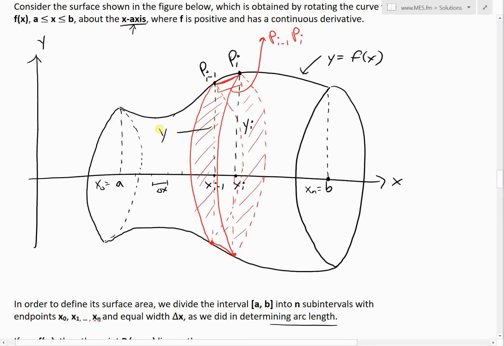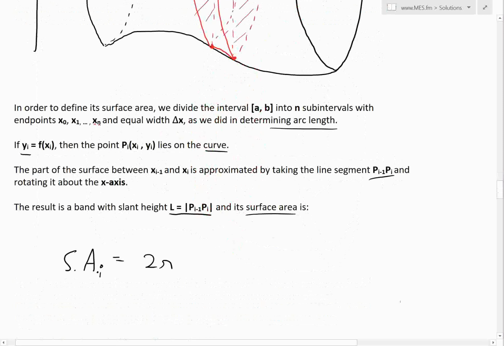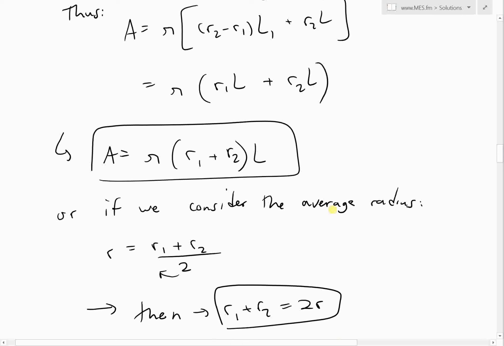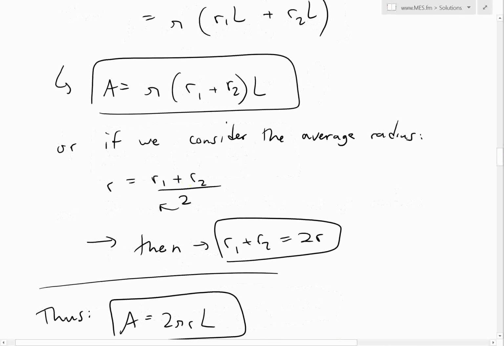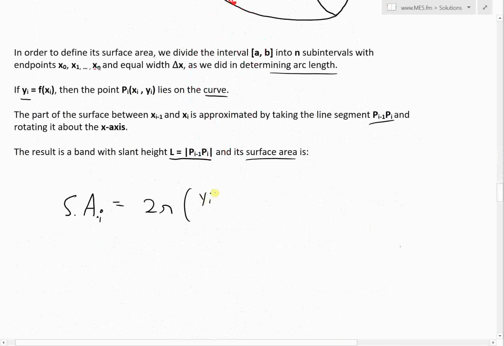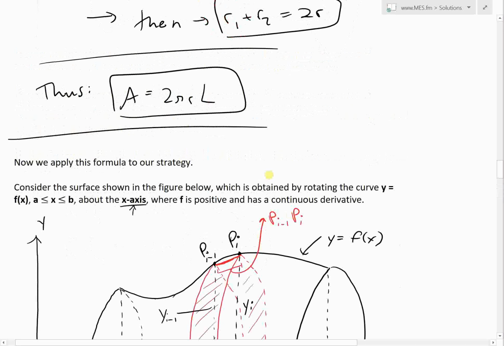So the average radius changes. This is yi, but from here to here, this one is yi minus 1. So the average radius, as we had before, is r1 plus r2 divided by 2. So this average radius is going to be yi minus 1 plus yi divided by 2, and then L.